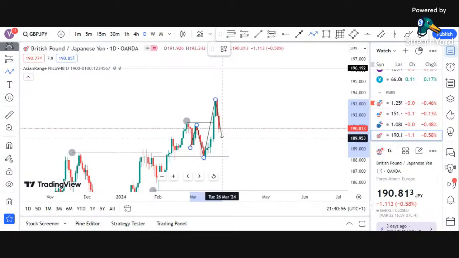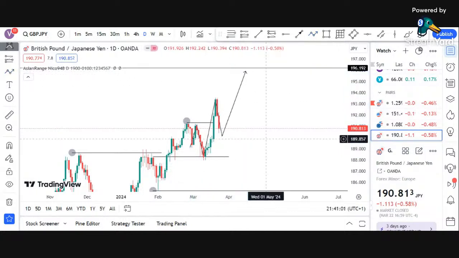So price will come into the breaker block, and now we should be expecting a push to the upside. If JPY is moving up, this should be moving down. If JPY is moving down, this should be moving up.